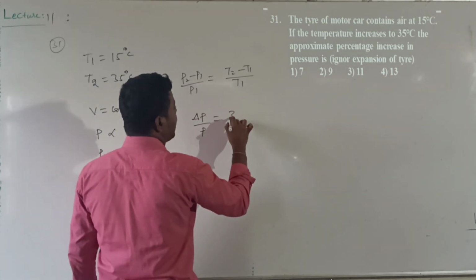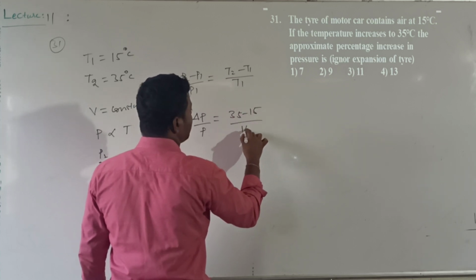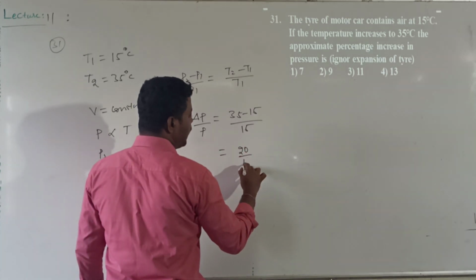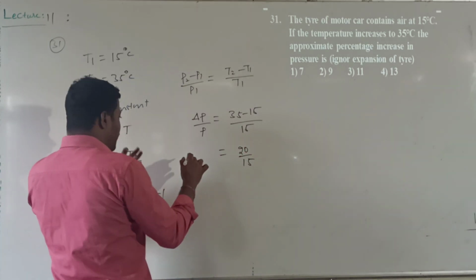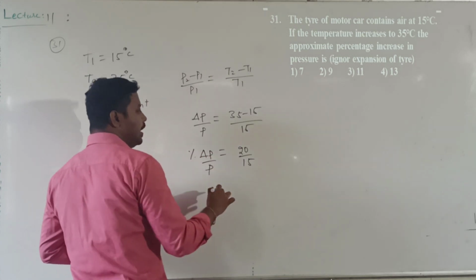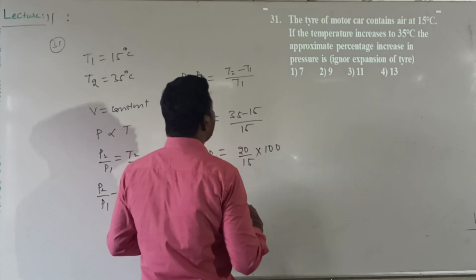So T2 value 35 minus 15 divided by 15, which is 20 by 15. If I want to calculate percentage of change in pressure, delta P by P, it is 20 by 15 into 100.